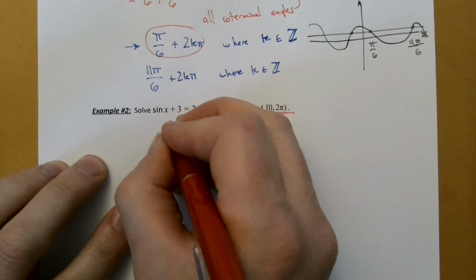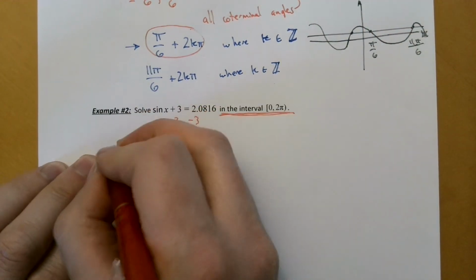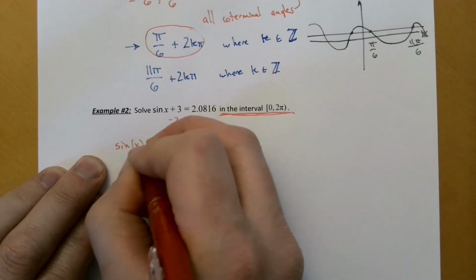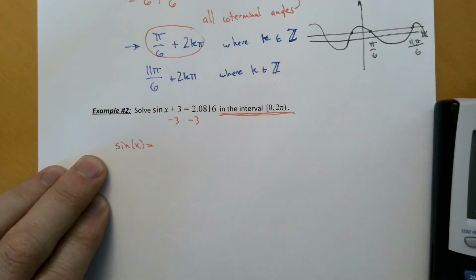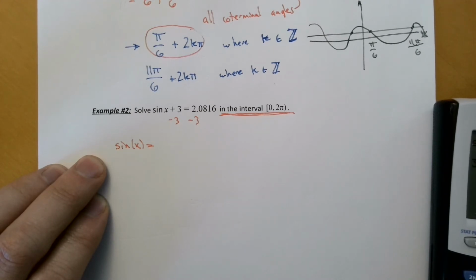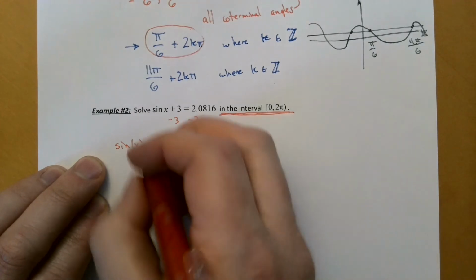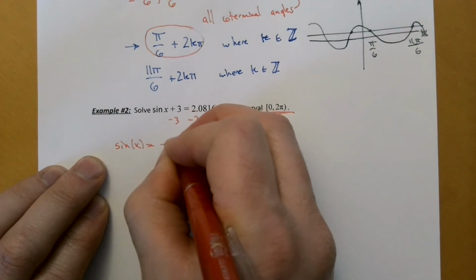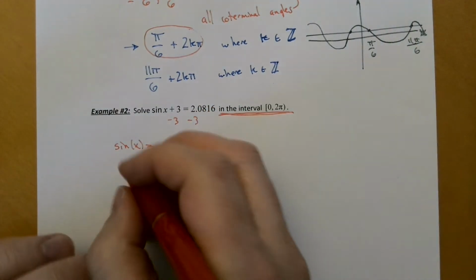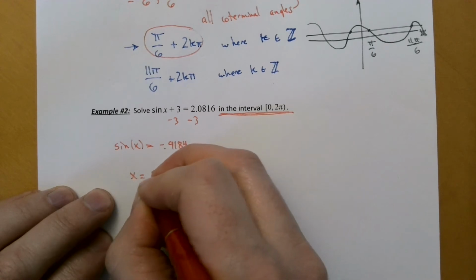Okay, so first thing we have to do is subtract 3 from both sides. So we're going to have sine of some value equals, shamefully, I can't do this in my head, 2.0816. I'm getting negative 0.9184. And then we're going to take sine inverse of that.